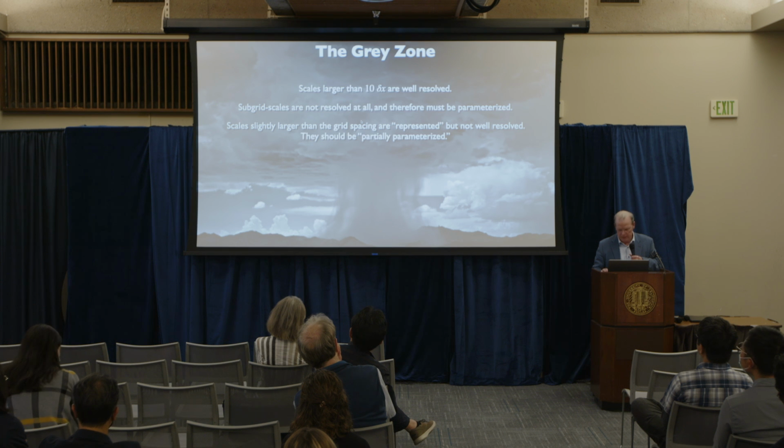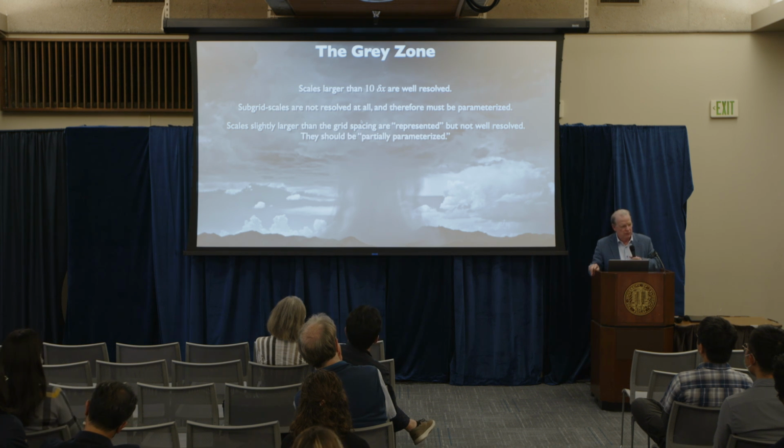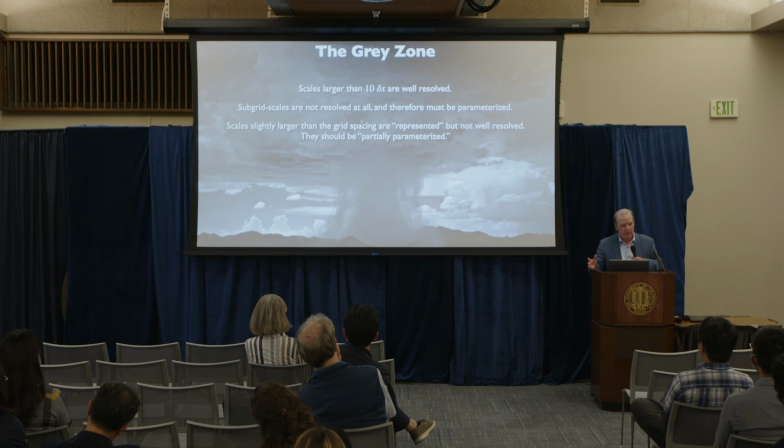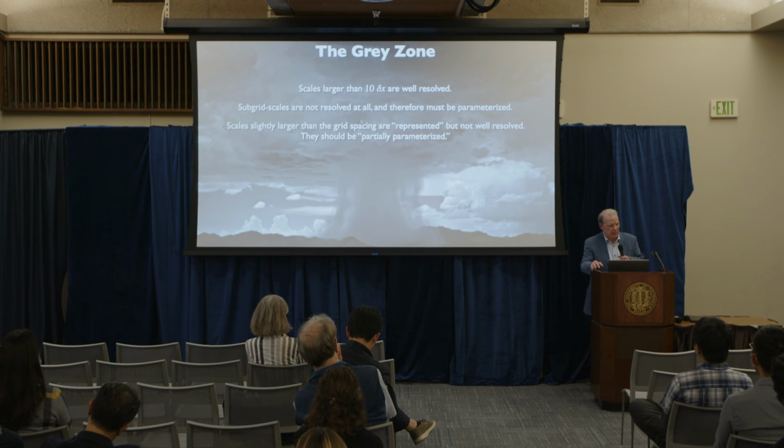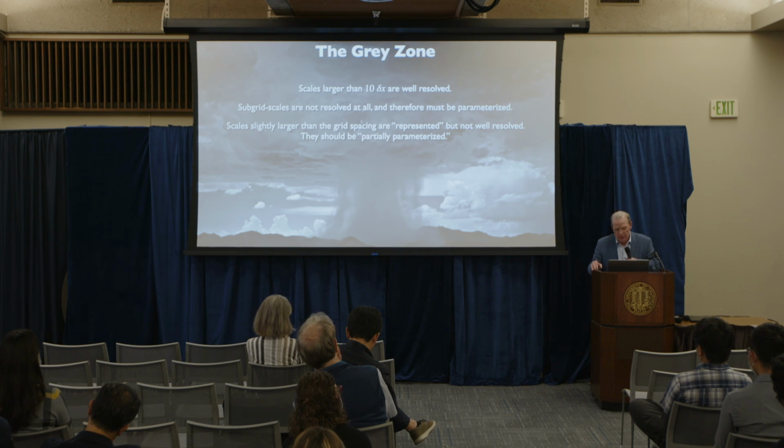And this came up a little bit in John's talk this morning. So the gray zone is the zone in which you don't have enough resolution to explicitly resolve the eddies. Let's say it's thunderstorms, okay? And the grid spacing is 10 kilometers. You can't explicitly resolve thunderstorms with a grid spacing of 10 kilometers, but they can try to grow in a kind of distorted way.